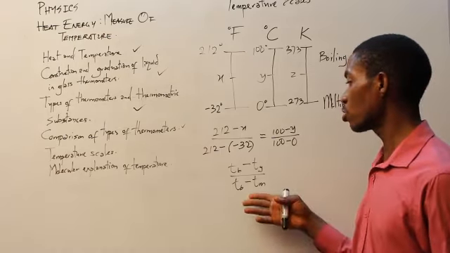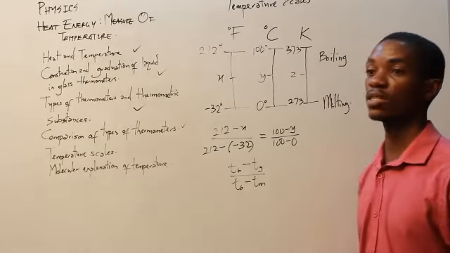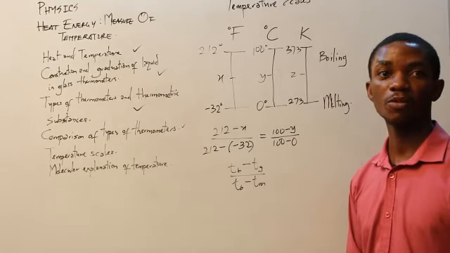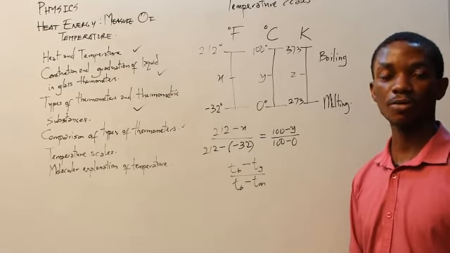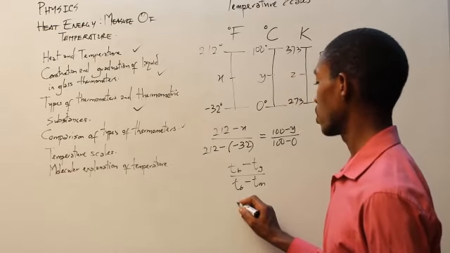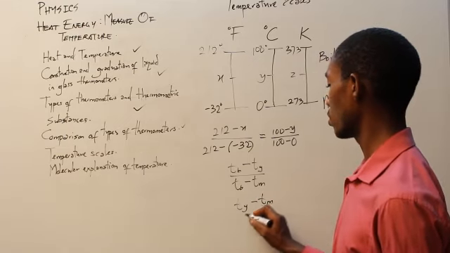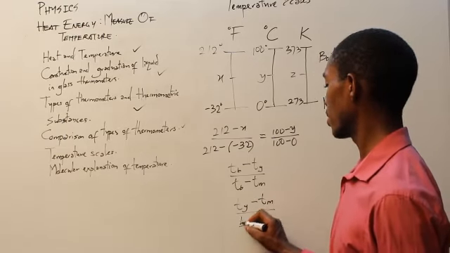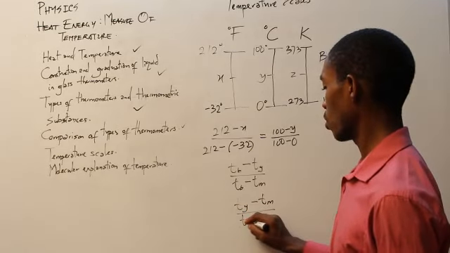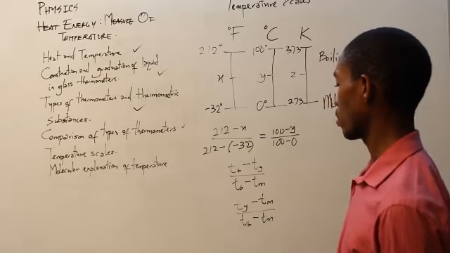Now, you may choose not to work with my own formula. I like this one because it is more reliable. I prefer it. It works accurately for me. Some people may also choose to use temperature given minus the temperature at melting, divided by temperature of the boiling minus temperature at melting.